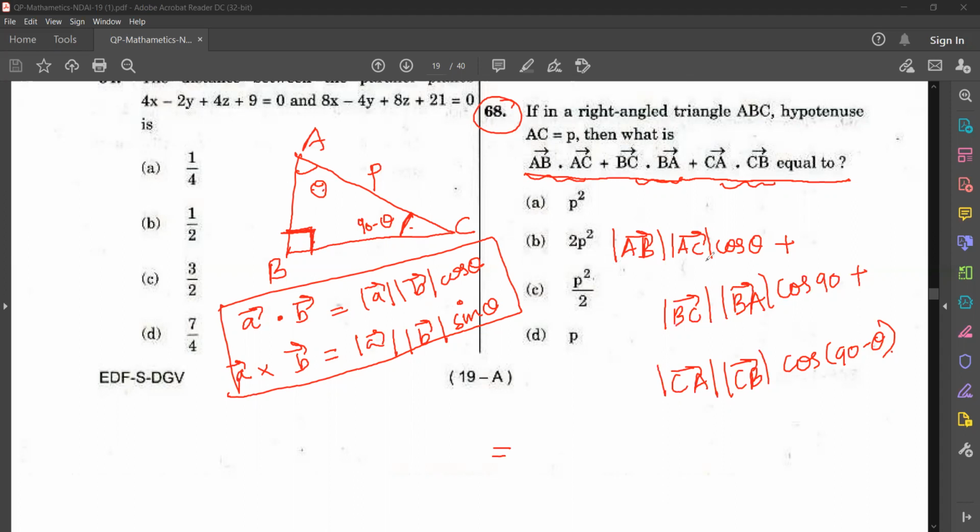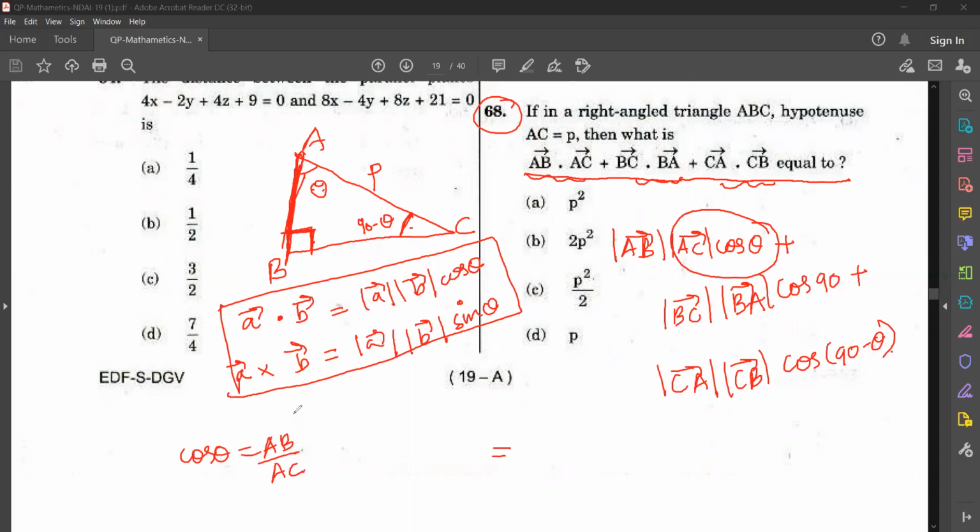Now listen, what is AC cos theta? AC cos theta means the side adjacent, that is AB, because cos theta is adjacent by hypotenuse, isn't it?